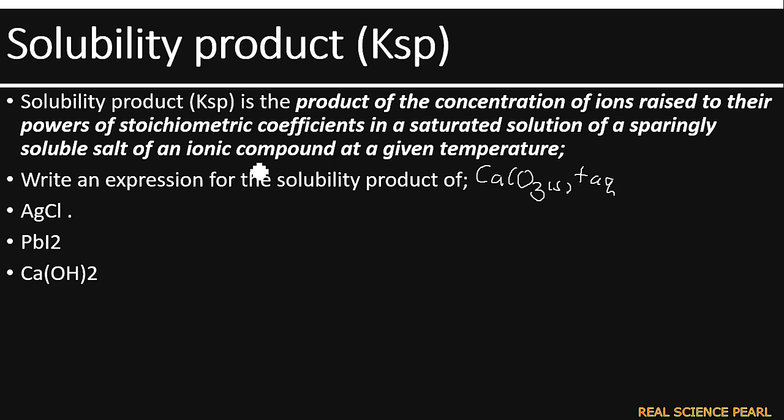It means now if we consider some of the insoluble salts, silver chloride, lead(II) iodide, and calcium hydroxide, and we write the equation showing how these salts dissolve in water, that is sparingly dissolving, we shall have, let's write for silver chloride: solid silver chloride plus water, here represented as H2O, aqueous.